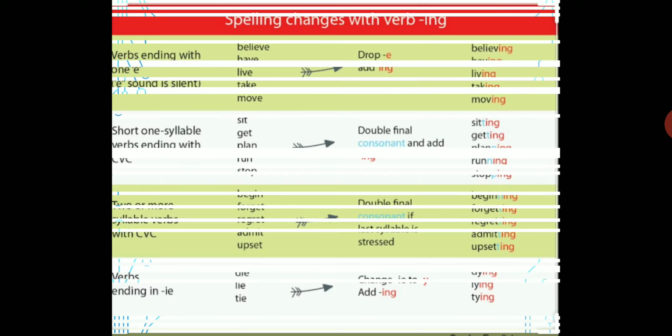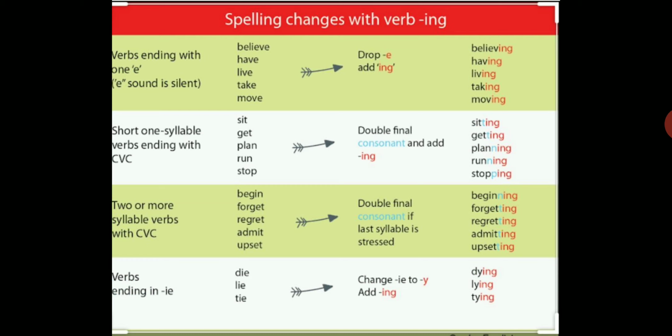These are the rules on how to make verbs in the ing form in different ways. Let's see the summary of all the rules which we learned today. Verbs ending with E: we drop E and add ing.